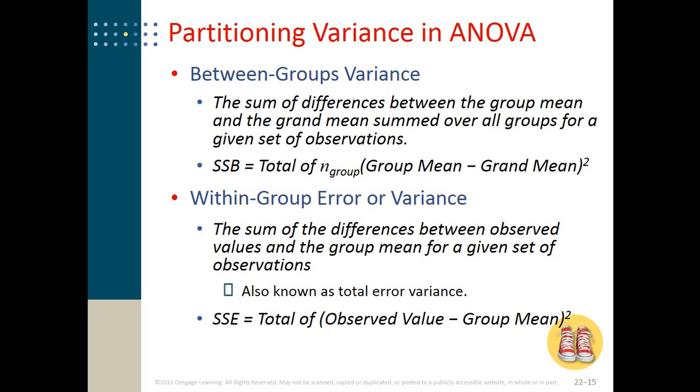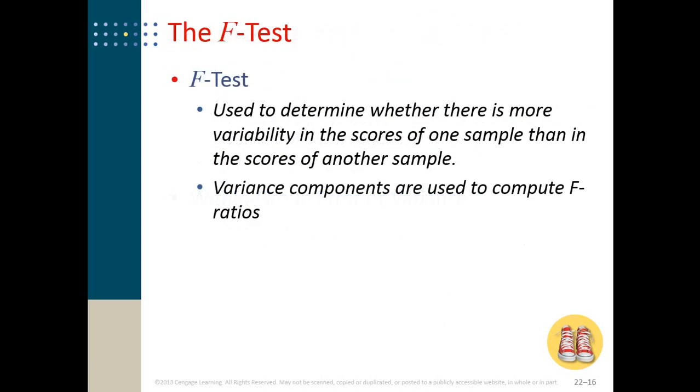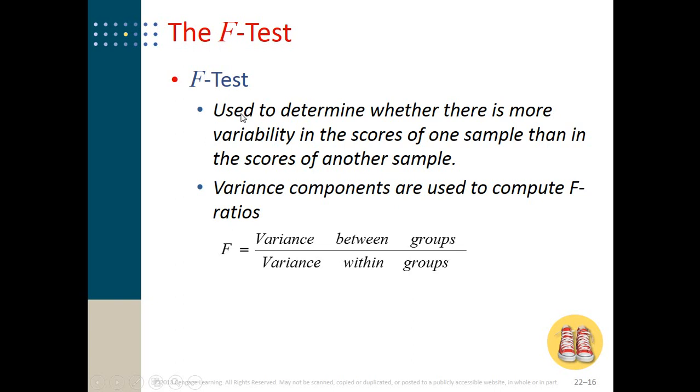Once we have the variance between groups and variance within groups, we run an F-test where the numerator is the variance between groups and the denominator is the variance within groups. By running the F-test, we try to find out if there is a difference between the means of these groups.